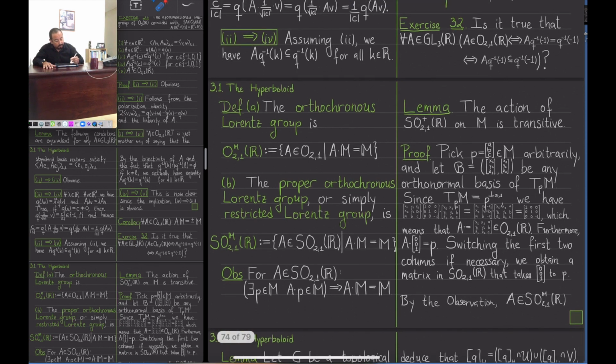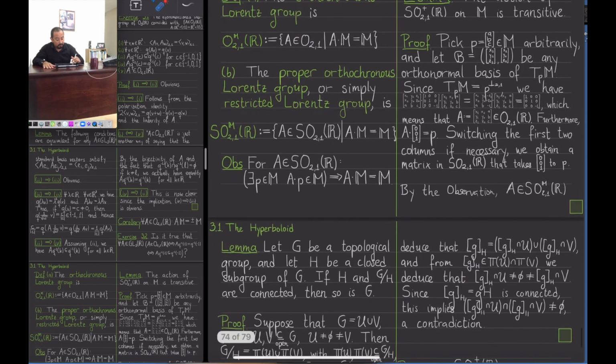Because the fact that the action is transitive implies that for any point in M, the space of left cosets of the stabilizer of the point, the quotient of this one by that stabilizer, is homeomorphic to M. So at least we know that this one modulo any stabilizer, even though that may not be a group, because the stabilizer need not be normal, but nevertheless, we know that this one modulo something is homeomorphic to M. So maybe we are able to say something about the topology.